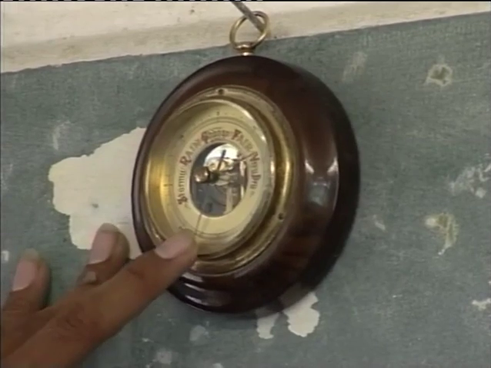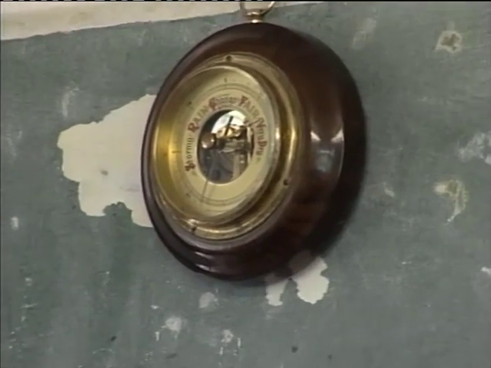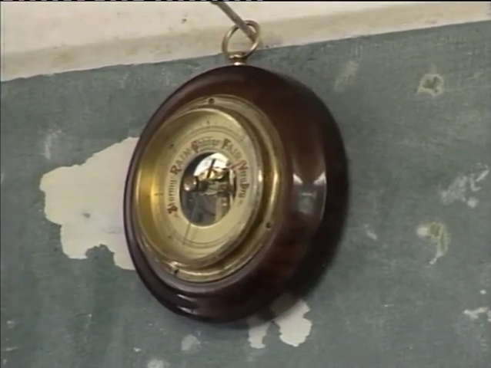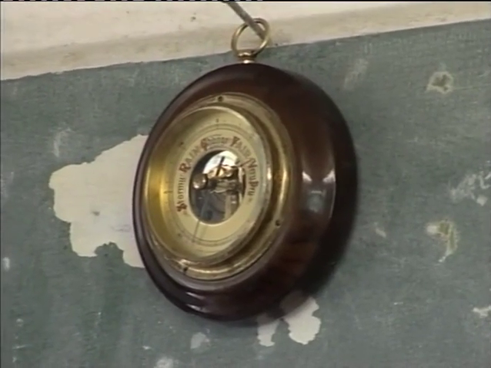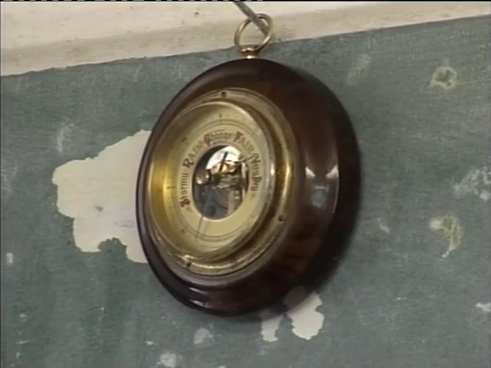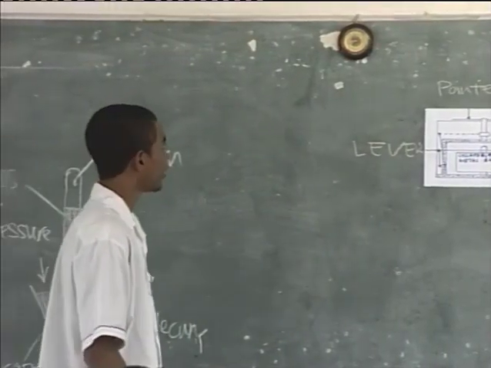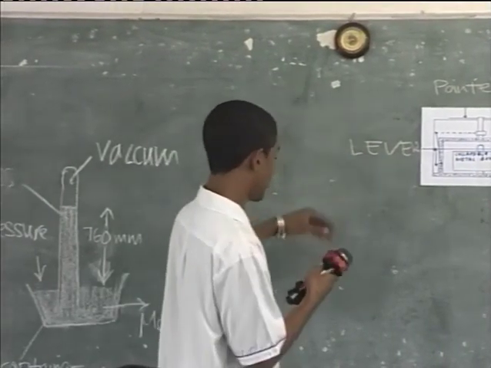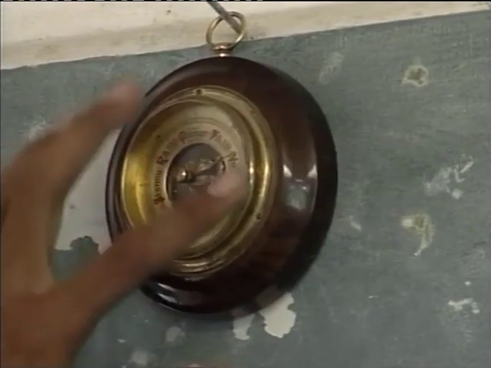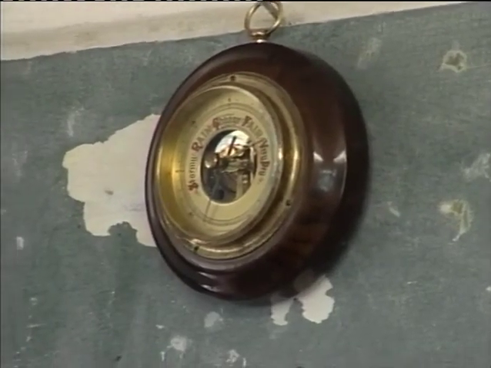One shows the reading before it was adjusted, and one shows the current reading. The readings over here are measured in millibars, as you can see. I think it's very small, so you can't see.